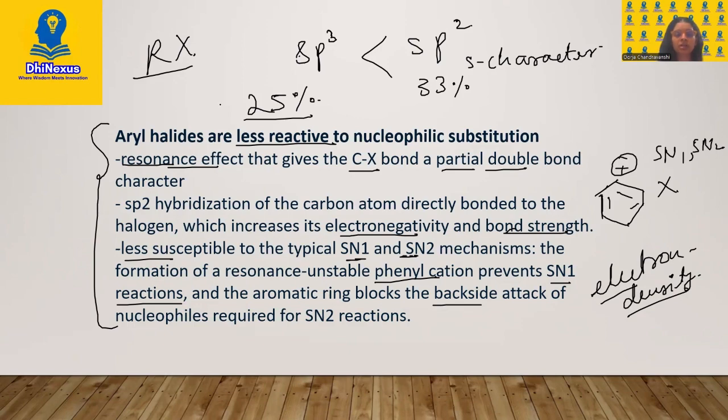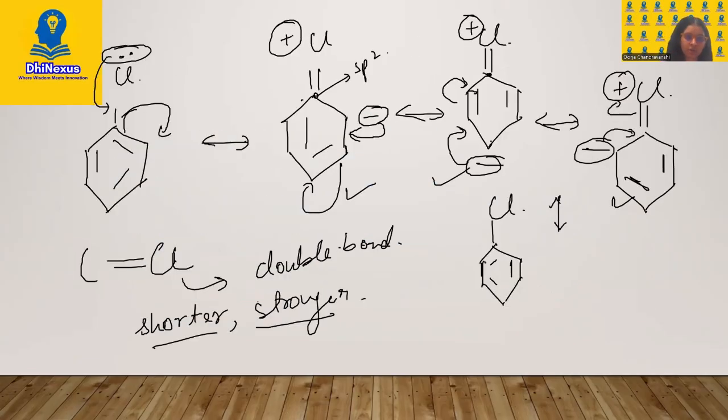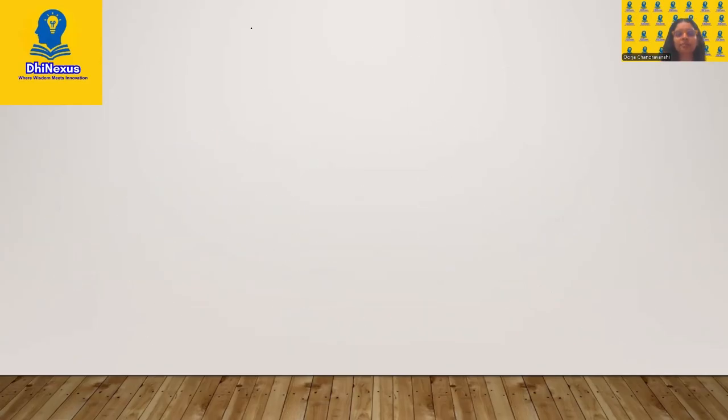Hence, that is not feasible, and aryl halides are much less reactive towards nucleophilic substitution reactions. However, there is still one reaction very famously known as Dow's process. There are more reactions, but according to NCERT, this one is what we study.